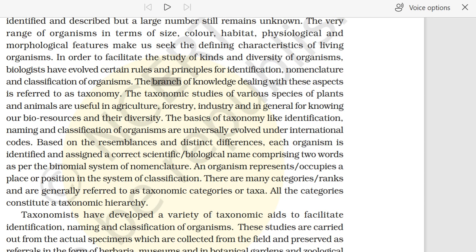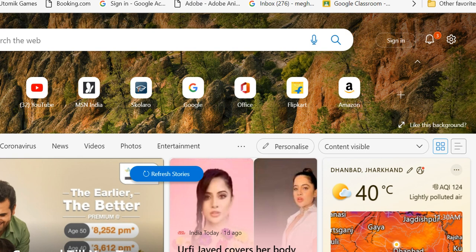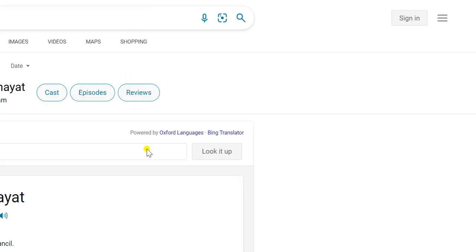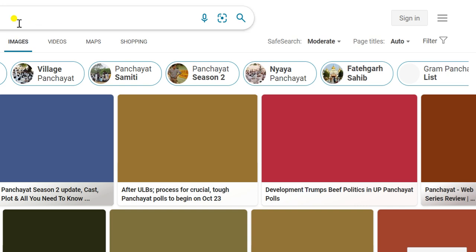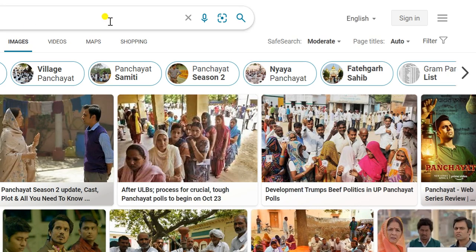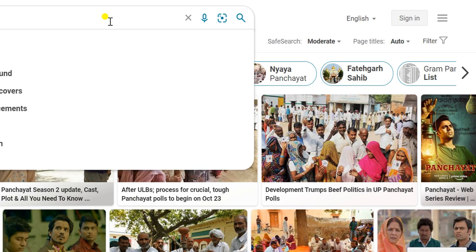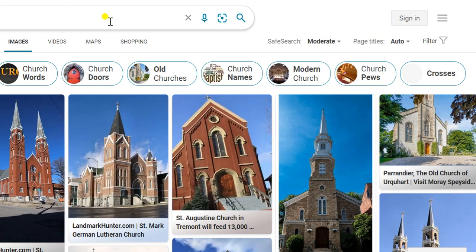So, if a baby is born, who will give it the name? Not only the mother and father, the panchayats will give it too. They give the first name, what it should be called first.